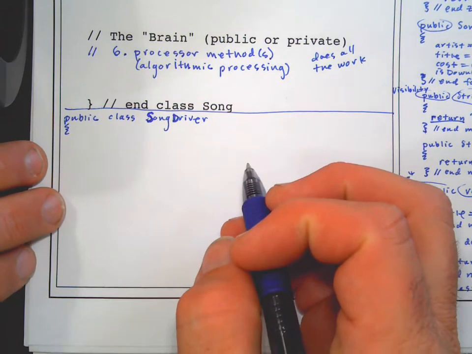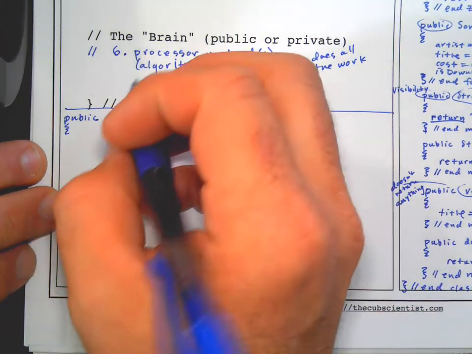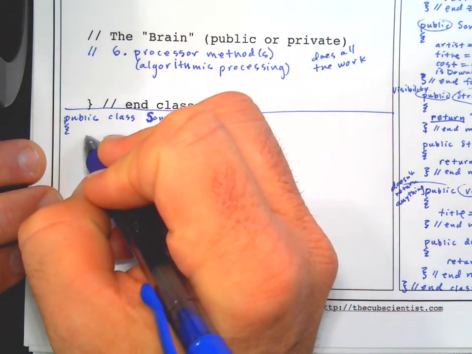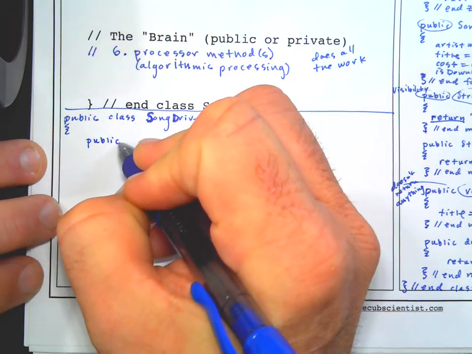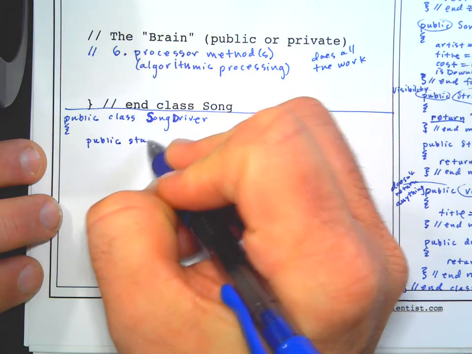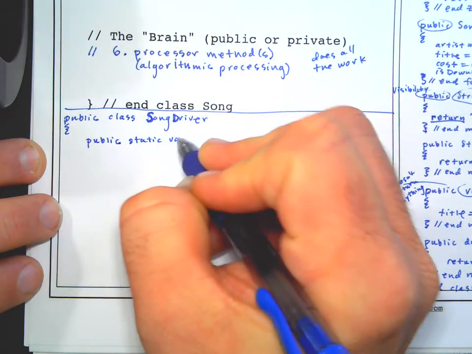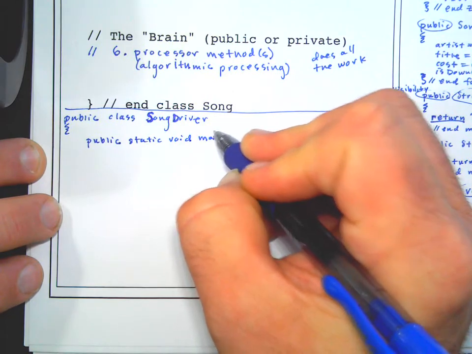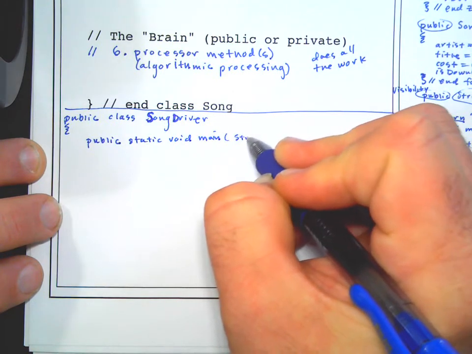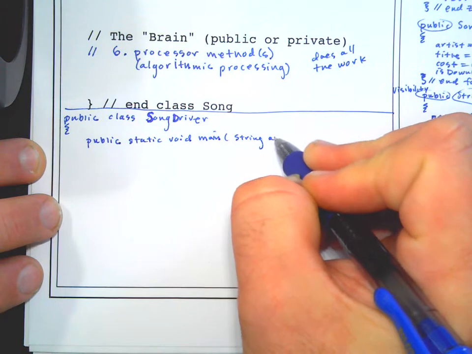I'm not going to necessarily have everything on here, but we do have to have a main method also to run this. So this is where public static void main, String args.